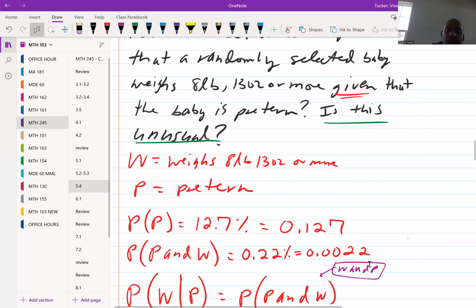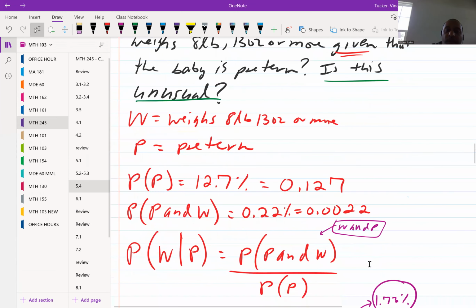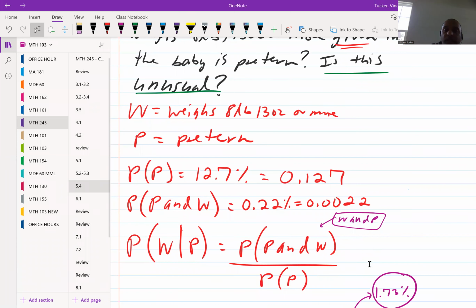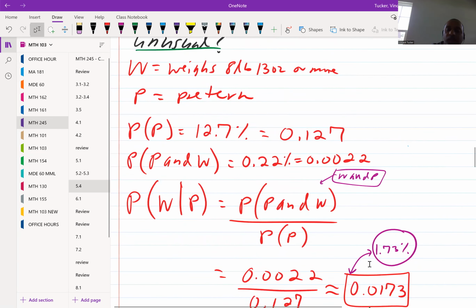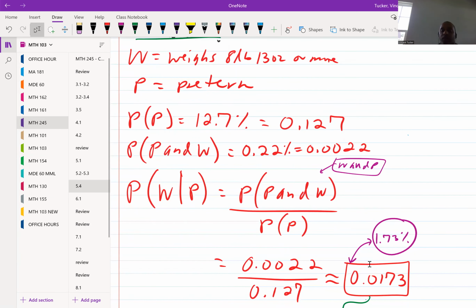All right. So probability that a baby weighs 8 pounds, 13 ounces or more, given that it's preterm. So you do P and W over probability of P. So that's 0.0022 over 0.127.